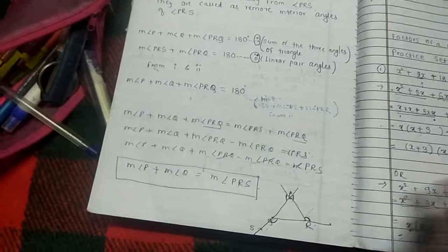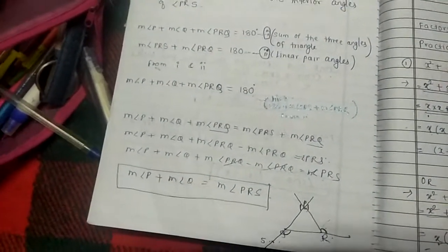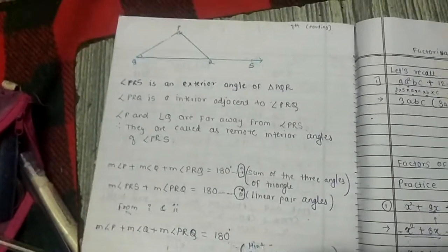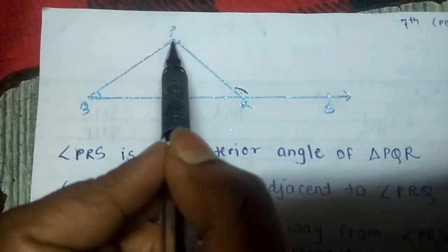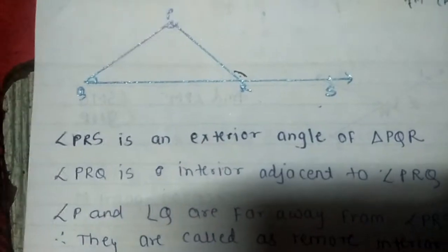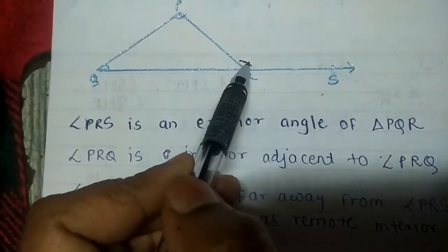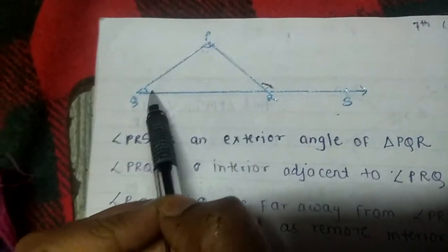So the exterior angle is nothing but the angle which is present outside the triangle. Now, what is the property of the exterior angle saying? According to that property, suppose this is the exterior angle, PRS. So the measure of this PRS is equal to the sum of its opposite angles.